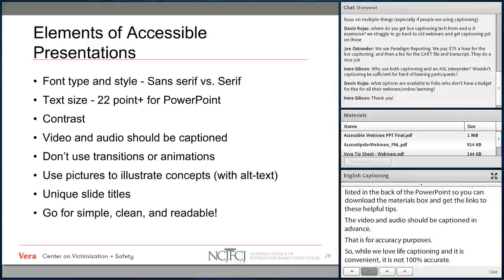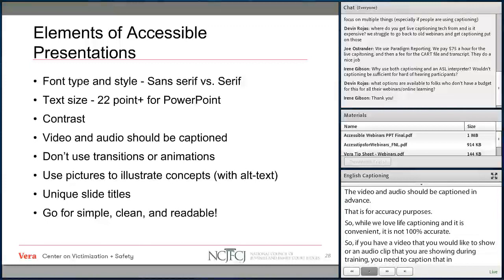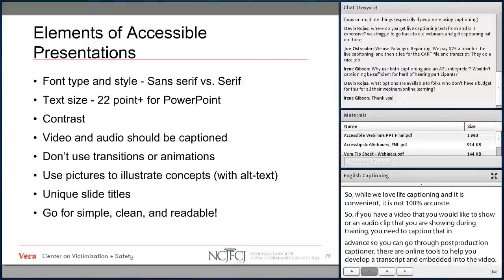So you can go through a post-production captioner. There are online tools that will help you develop a transcript and then embed it into your video. Again, there are links to those types of resources at the end of the PowerPoint, so you have access to those. But it should, to the best of your ability, be captioned before you use it in your presentation.